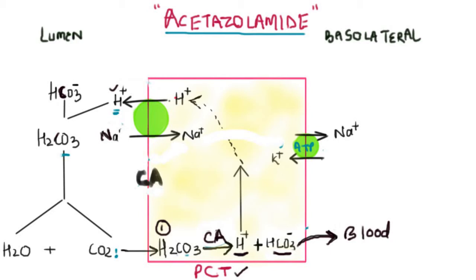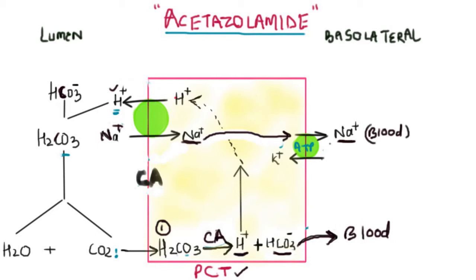While the H positive ion is transported from the cell to the luminal side, on the same line the sodium ions which were in the lumen will be transported back into the cell, and as the sodium gets transported back into the cell, it will go on to the basolateral side where there is a pump that will pump all the sodium out into the basolateral side of the cell, via which it will be absorbed back into the circulation.